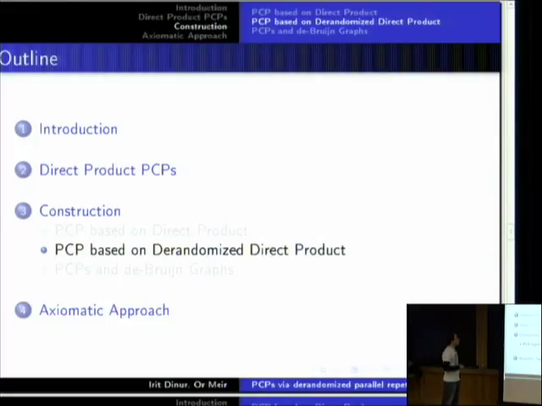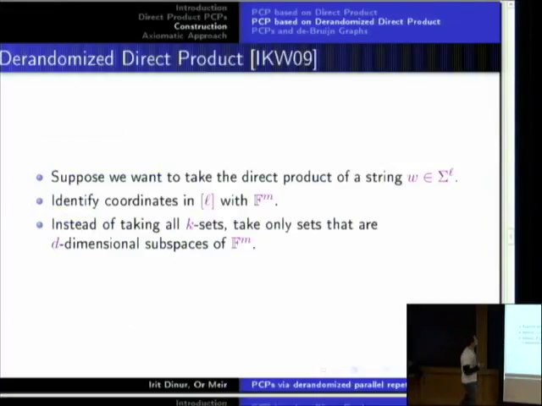But we actually gathered here today to hear about the randomized direct product. So let's look at that. What was the de-randomized direct product notion of IKW? It says as follows: suppose we have some string W of length L, and we wish to take its direct product.